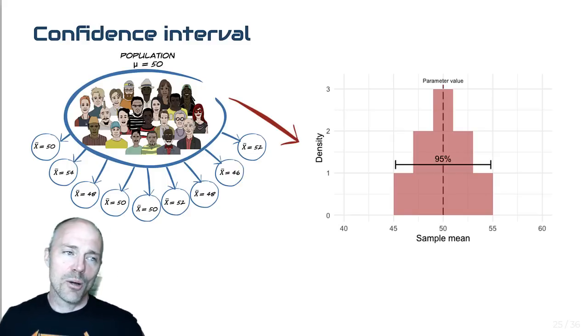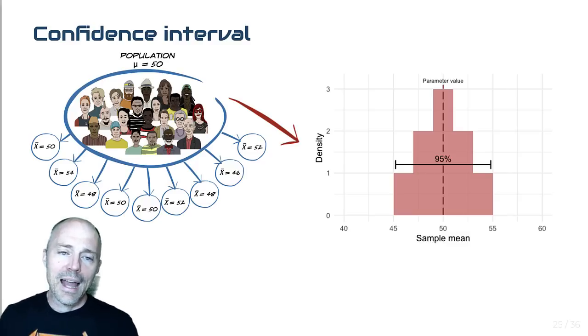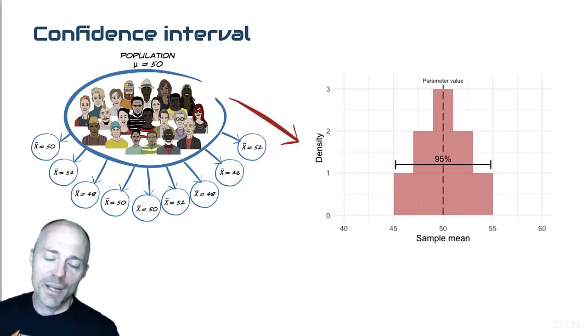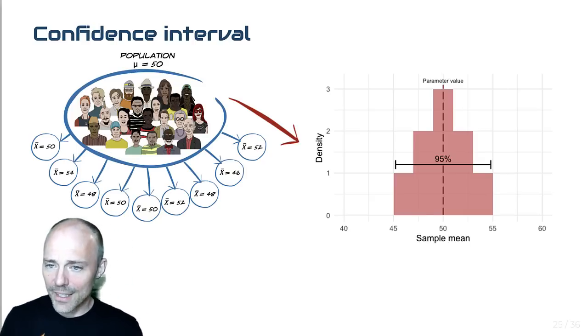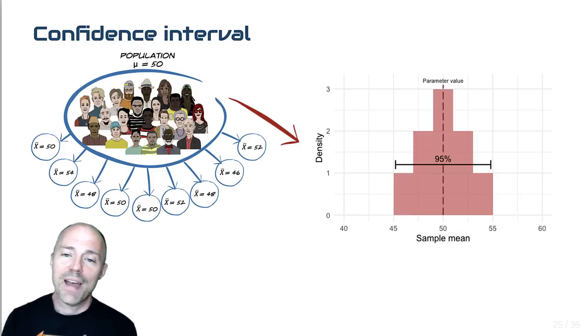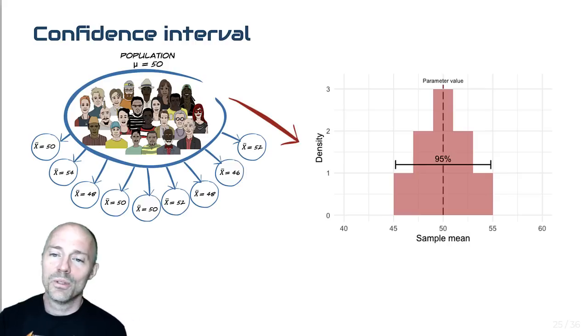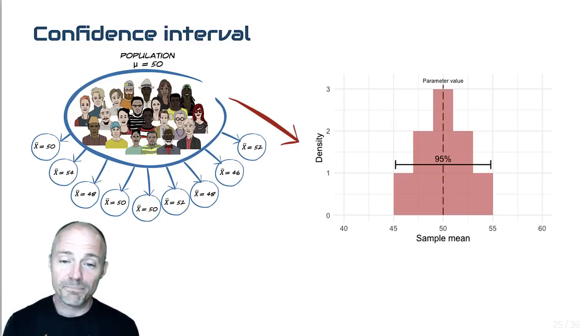So imagine you've got your sampling distribution. It looks like this. And let's say that we know, based on the standard error, or the spread of estimates across samples, that 95% are going to fall within a certain limit, based on the fact that the distribution is normal.